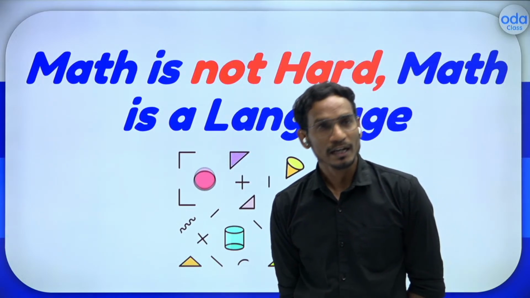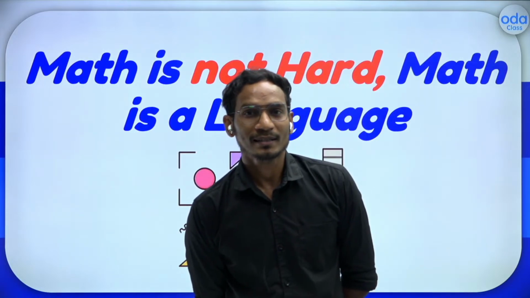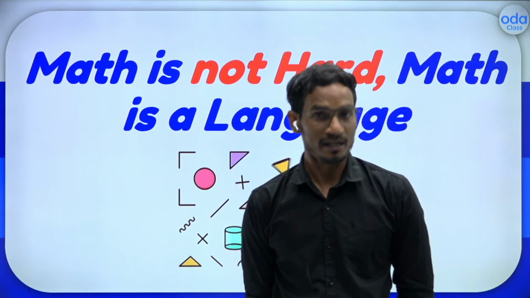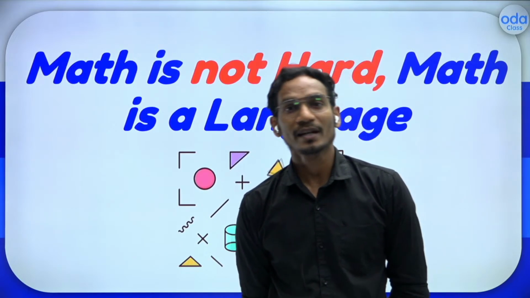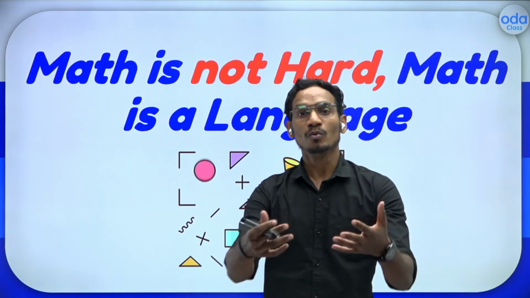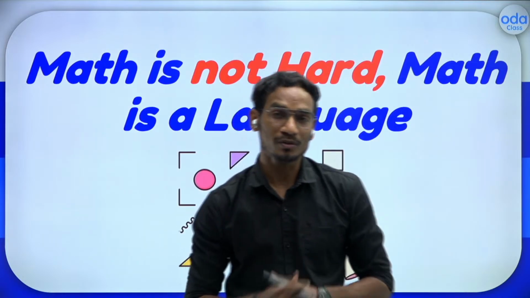If I talk about maths as a language, there are some things you have been doing from the very start, but still, when it comes to maths, they are taught separately and you don't have that connect with those things.